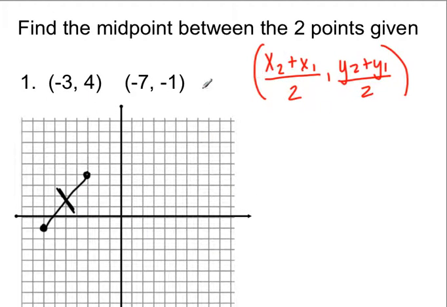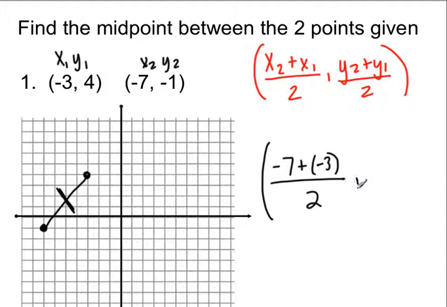So how we do that is just add them together. So I would do, if this is x1, y1, x2, y2, add the x's. So you could do negative 7 plus negative 3 over 2, and then negative 1 plus 4 over 2.